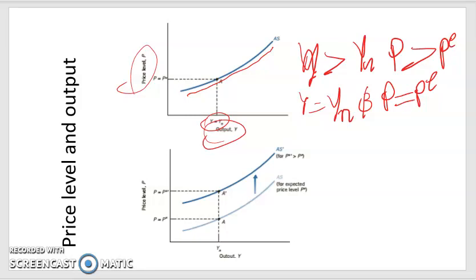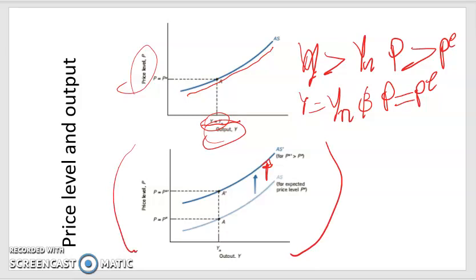And the opposite is also true, meaning that when output is less than its natural level, then the actual price is less than the expected price. An increase in expected price shifts the AS curve upwards, as shown here.